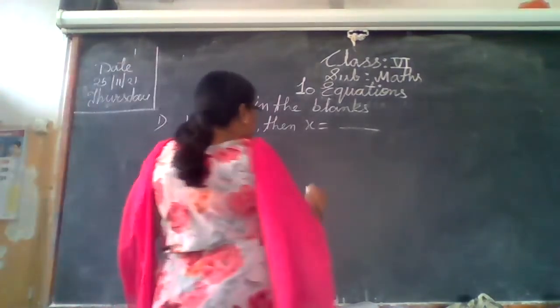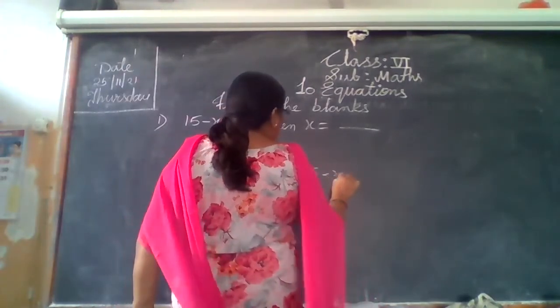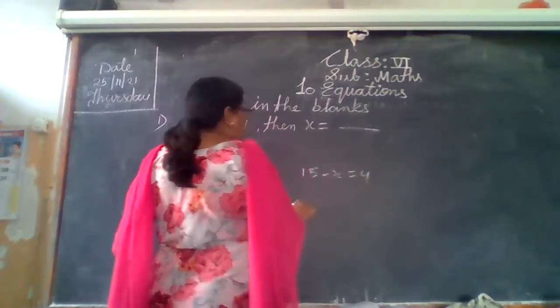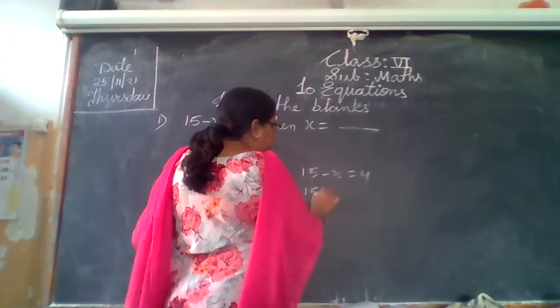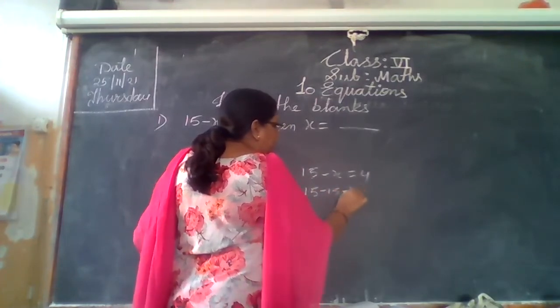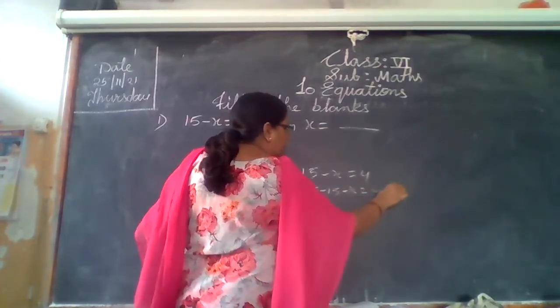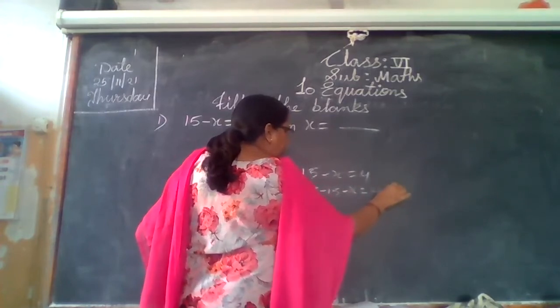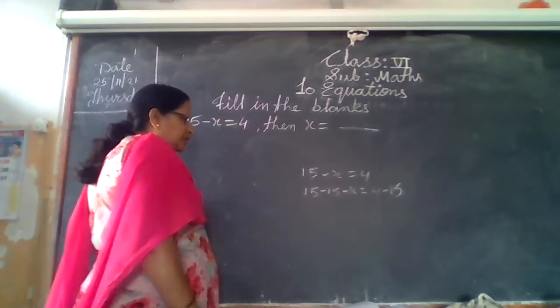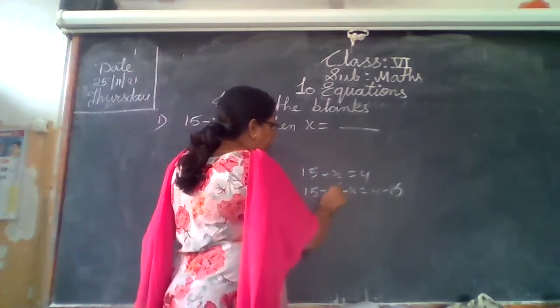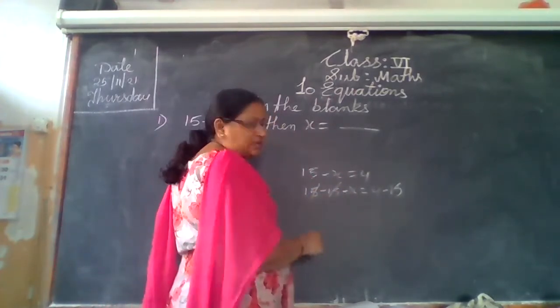So let's find 15 minus x equals to 4. So we will subtract 15 from both the sides. 15 minus 15 minus x equals to 4 minus 15. Plus 15 minus 15 get cancelled.